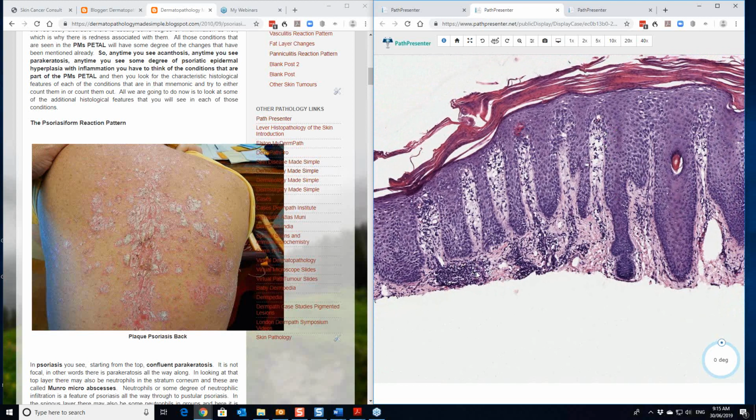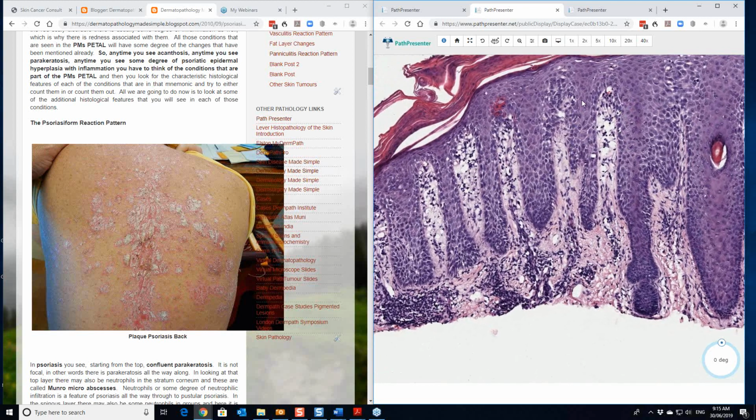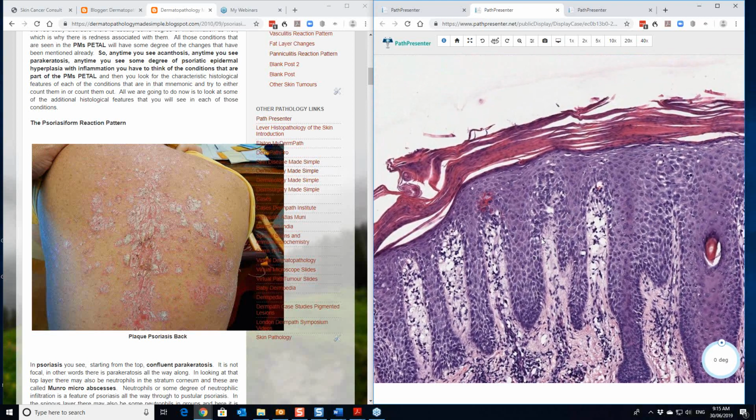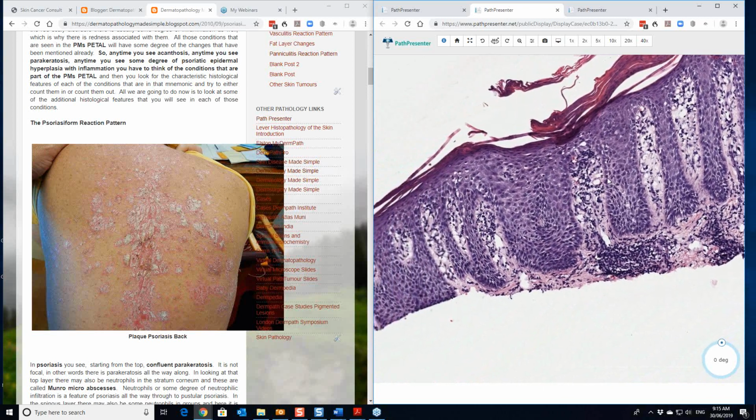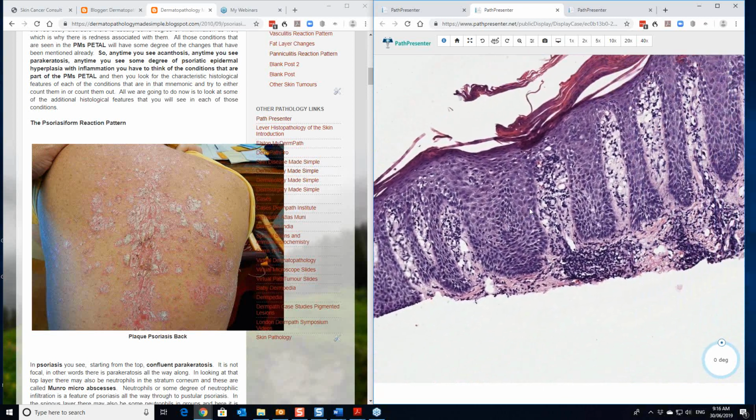There's usually not much in the way of eosinophils at all. Sometimes the neutrophils congregate in a little collection in the mid-spinous area here, and sometimes they congregate subcorneally. I'm not sure if we can see some good examples of it here.